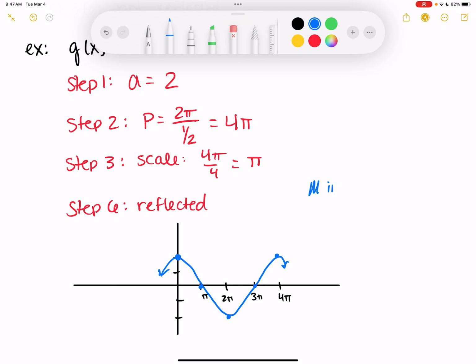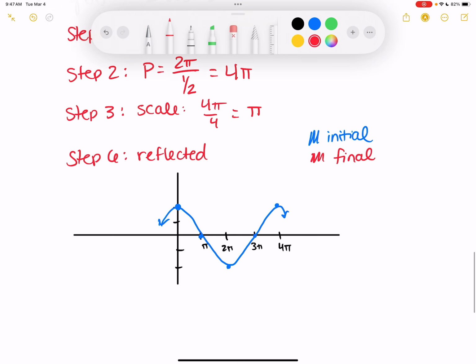Okay? So then in red, I'm going to do my final graph. So reflected means that everything is flipped over the x-axis. So this point that was at +2 is at -2. The point that's at 0, obviously that's not going anywhere. That point happens to stay.